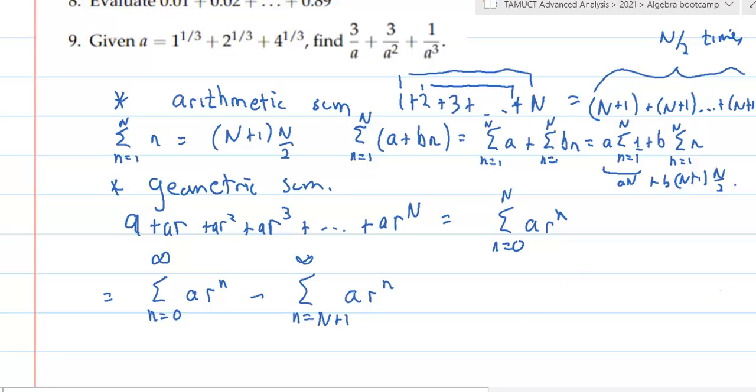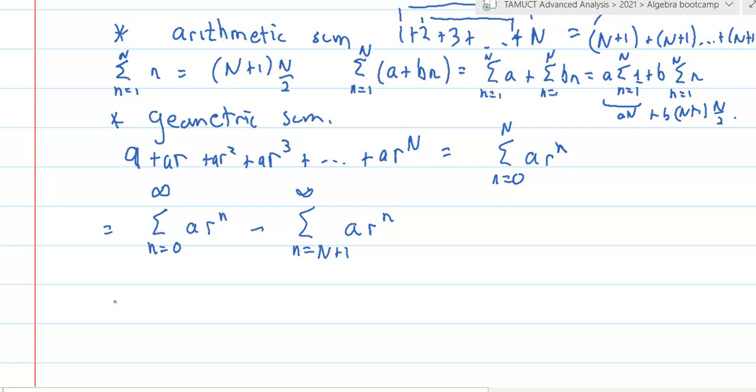Now, there's a way to simplify these expressions here. This is equal to a times the sum n equals 0 to infinity of r to the n. If you remember, you can take a constant value out of the sum. And then here what I'm going to do is take a and r to the N plus 1 outside. And then this changes now.